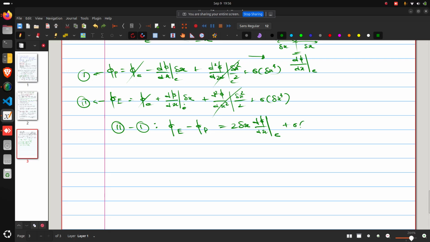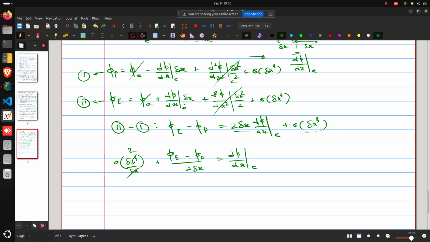And we will be left with only order of delta x cube. Now we just divide everything by 2 delta x. So we have phi E minus phi p by 2 delta x equal to d phi dx at E plus some delta x cube divided by delta x.